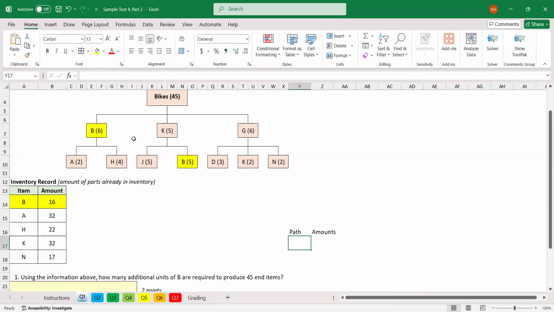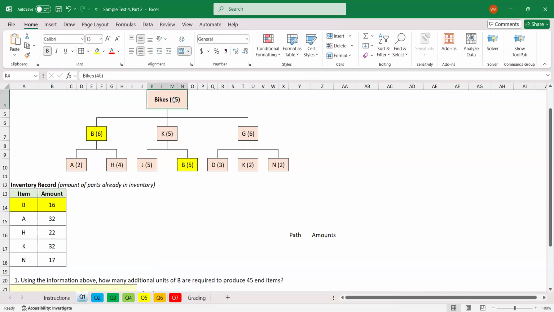The first path I see here is from 45 to this letter B with 6 parts, so from the bike to B. We need 45 bikes, and each of those 45 bikes is going to need 6 parts of B. So for that first path, we're going to need 270 parts total to make 45 bikes.